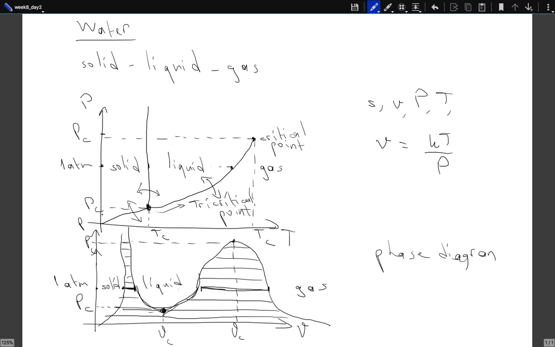No, not C. T. Now, the nice thing about this tricritical point is that it is a single point.